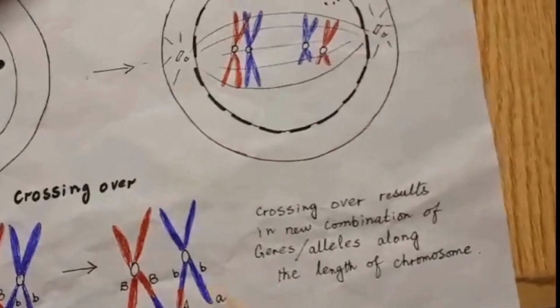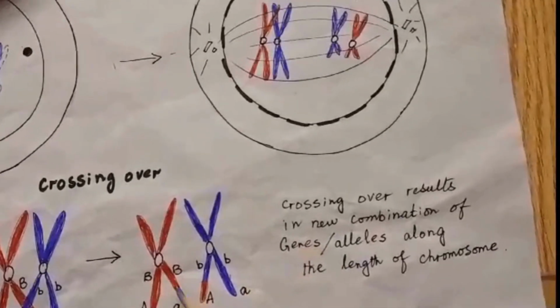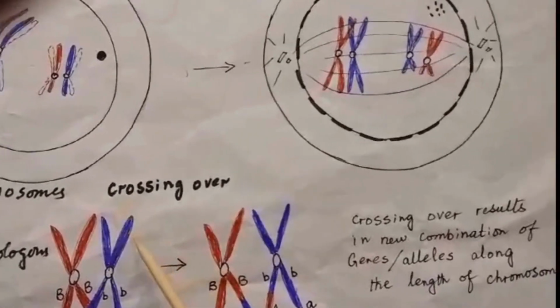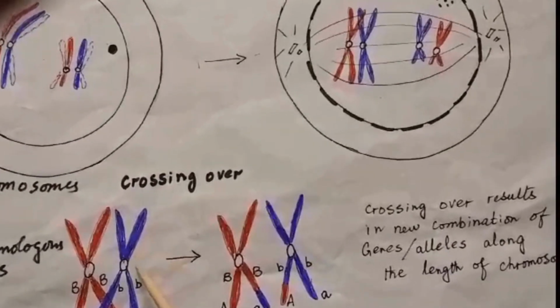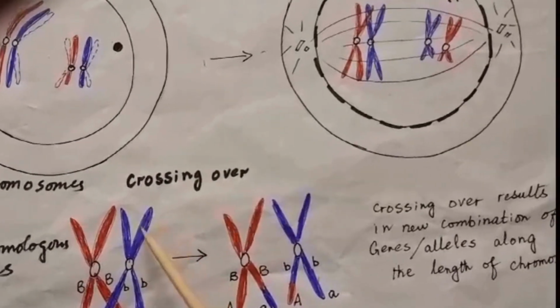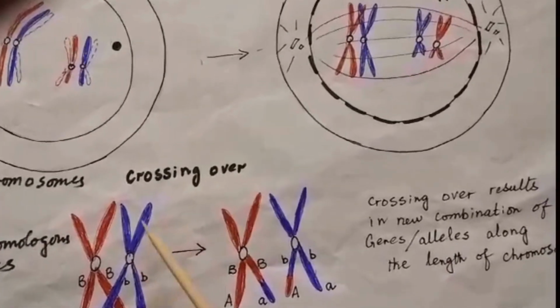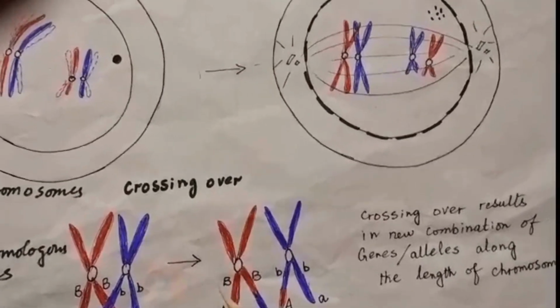This exchange of parts helps in the recombination of alleles or genes. Genes means the segments or parts of chromosomes. These segments are responsible for different characters of the organisms.